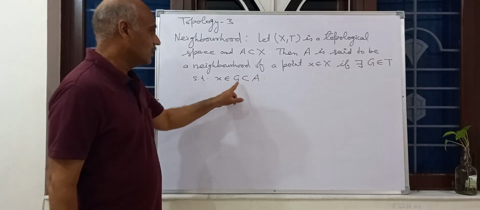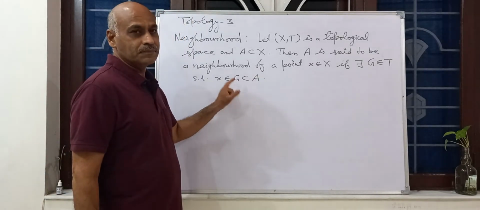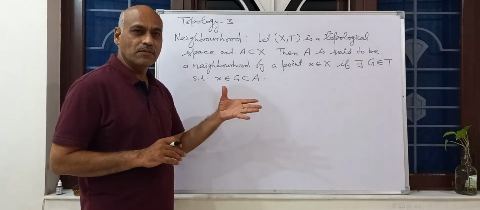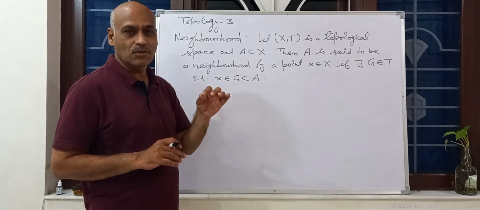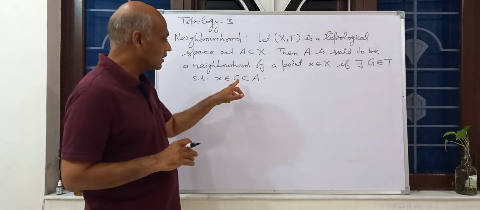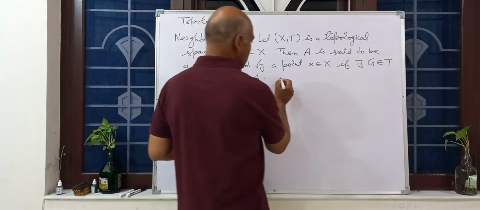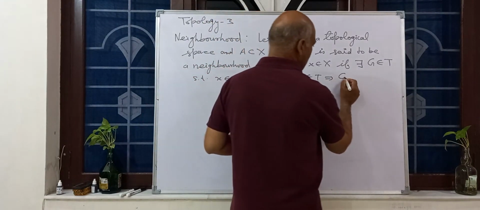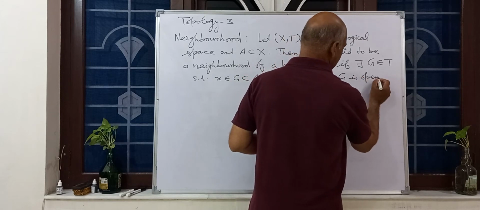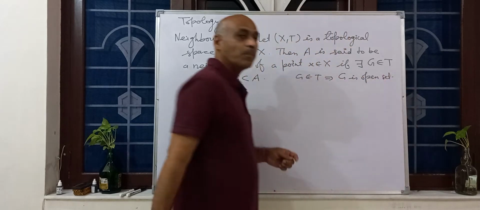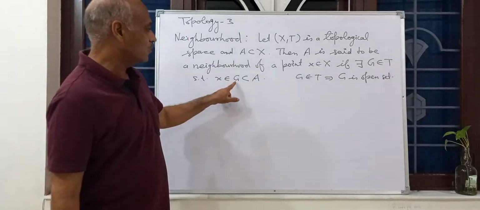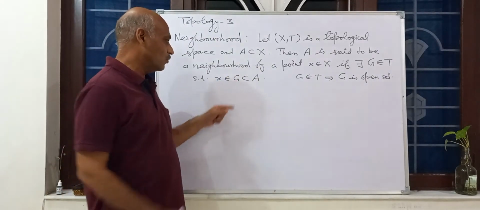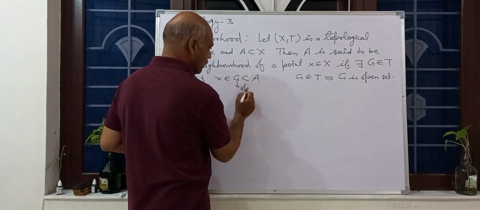x belongs to G subset of A, and G belongs to T. In the previous video we discussed that elements of T are known as T-open sets. So G belongs to T means G is an open set.